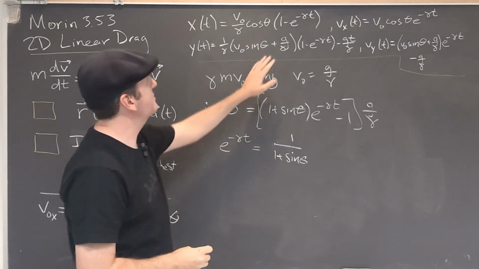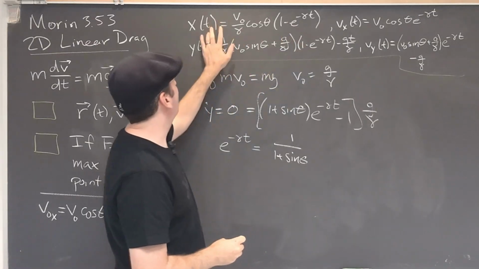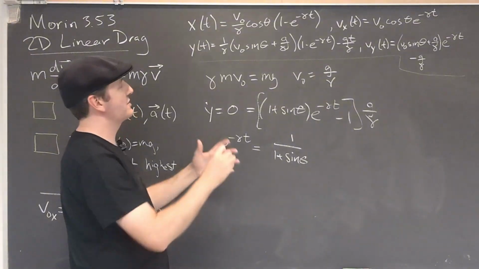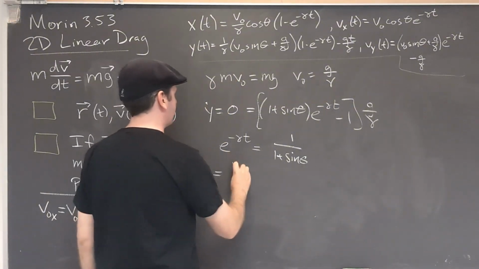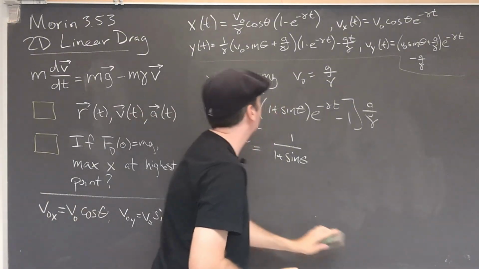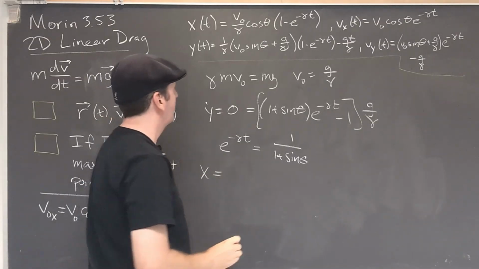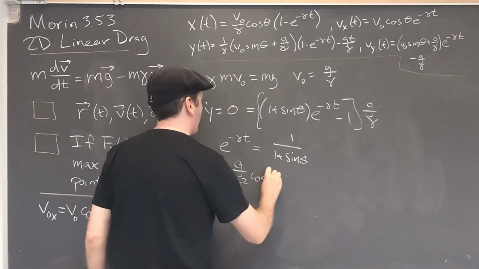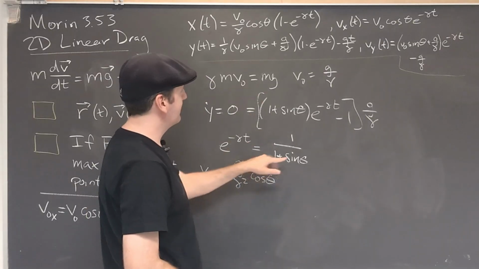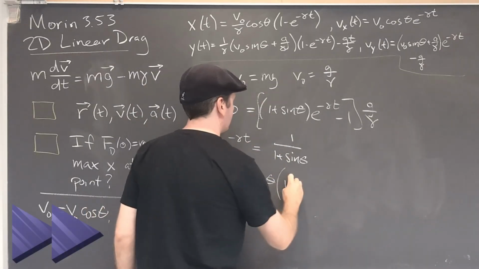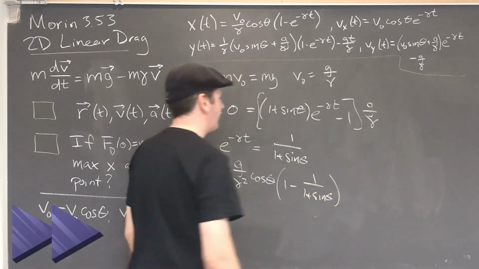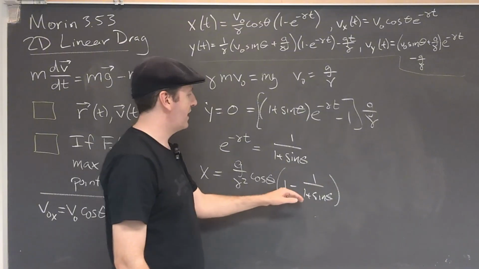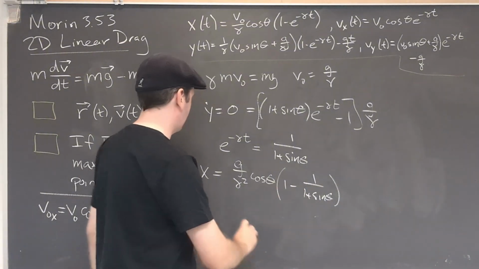Now I'll plug this back in here where I've got my x of t. So the x value at this maximal point. And I will go ahead and replace my v naught. 1 minus this exponential. And we could do a little bit of trig simplification here, finding a common denominator and then combining.